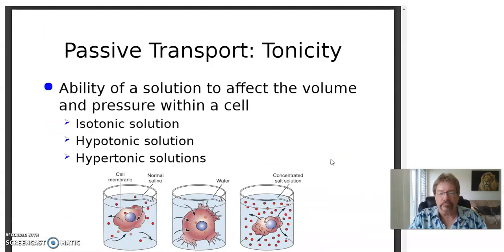Tonicity. The ability of a solution to affect the volume and pressure within a cell. Now again, guys, this also is based on the principle of wanting to reach equilibrium.